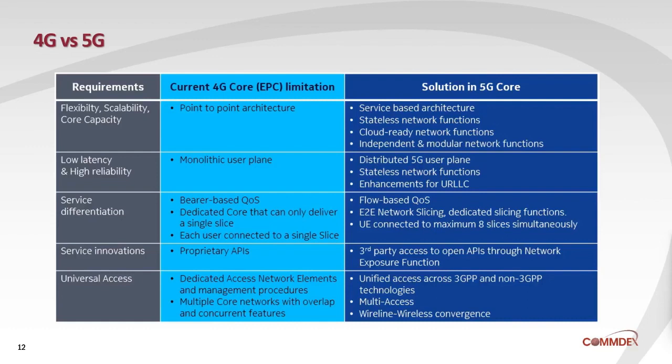Let's look at the main differences between 4G and 5G. 5G is more flexible and scalable than 4G technology. Unlike 4G, which is based on a point-to-point architecture, 5G supports a service-based architecture which brings operational benefits to the operator.